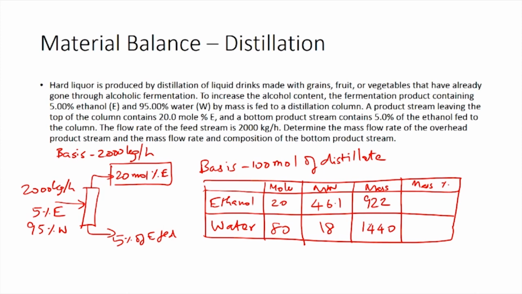So, this can be added to find the total, and dividing the mass of ethanol by the total of these two masses would be 922 divided by 1440 plus 922. This times 100 will give you the mass percentage of ethanol, and similarly 1440 divided by 1440 plus 922 times 100 will give you the mass percentage of water.